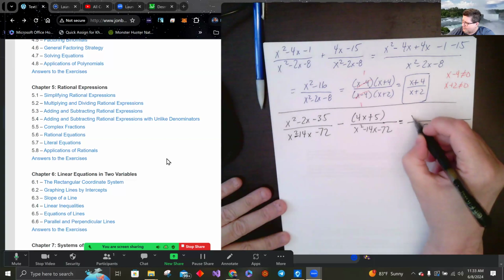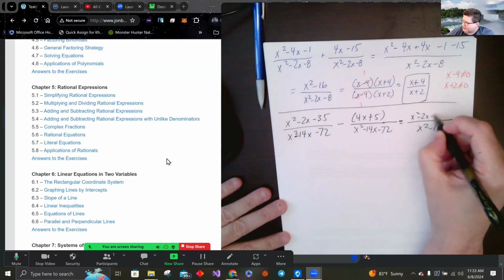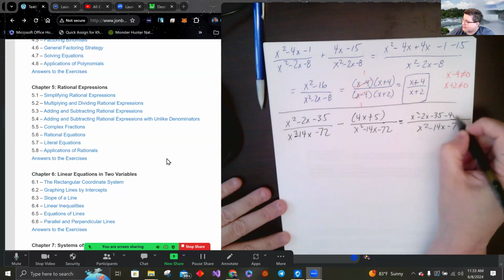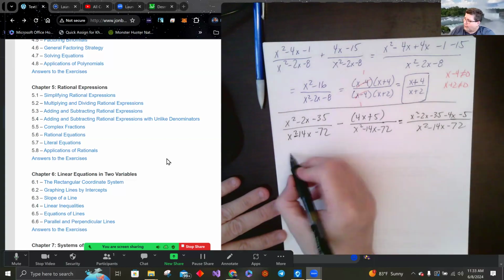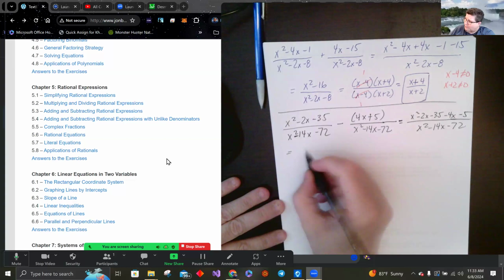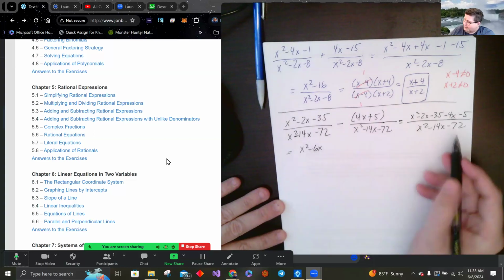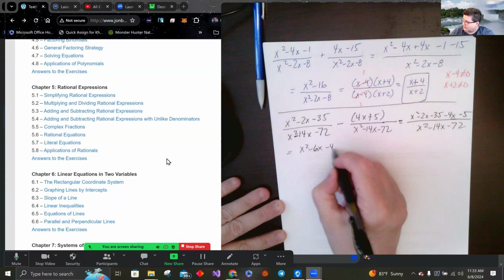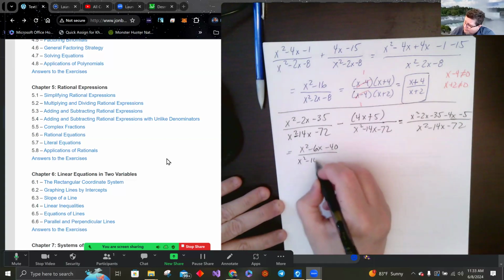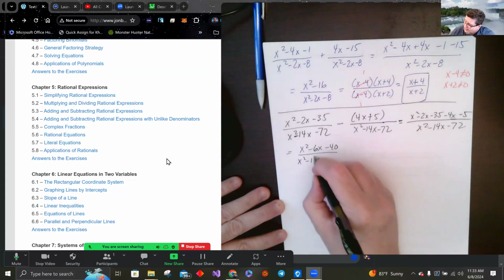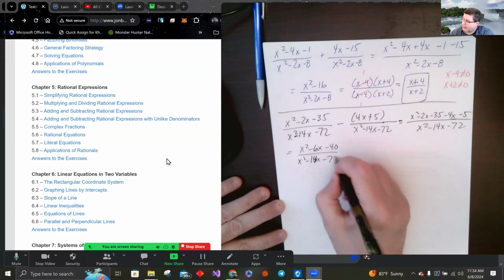And I am just going to put all the top together and distribute that minus first. When I combine like terms, x squared minus 6x minus 40. On bottom, I get x squared minus 14x minus 72.